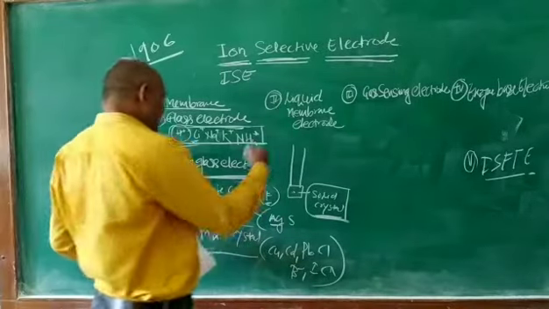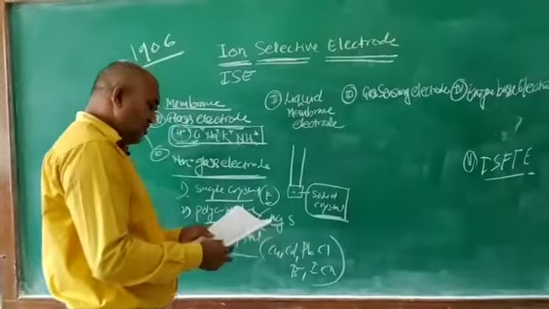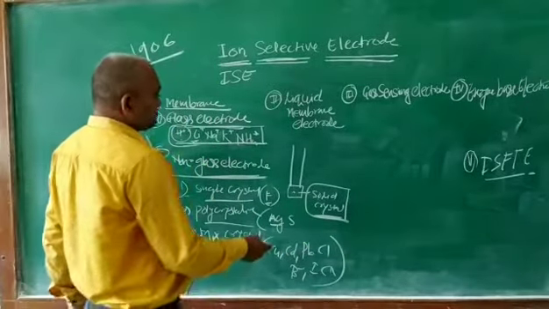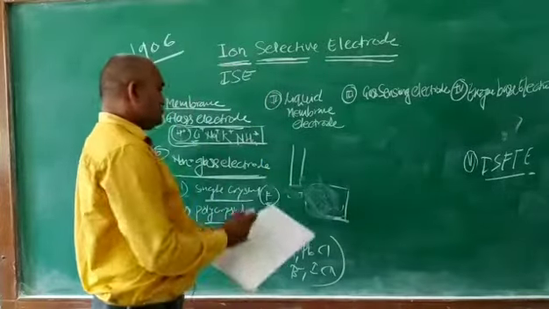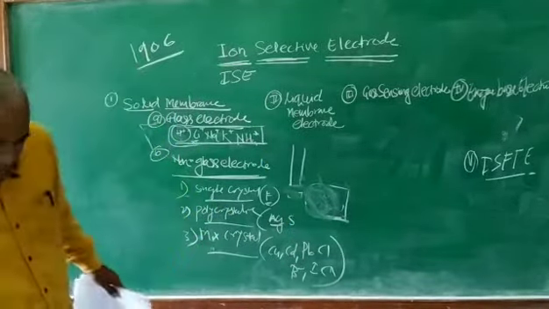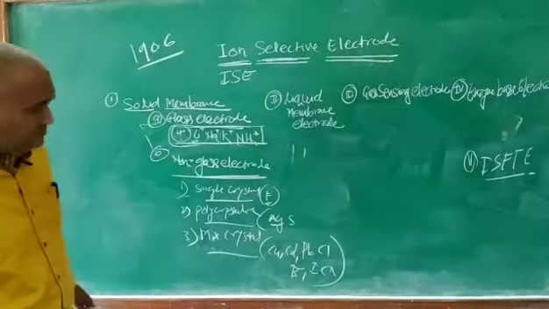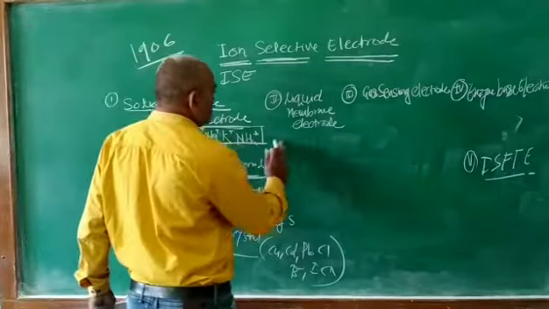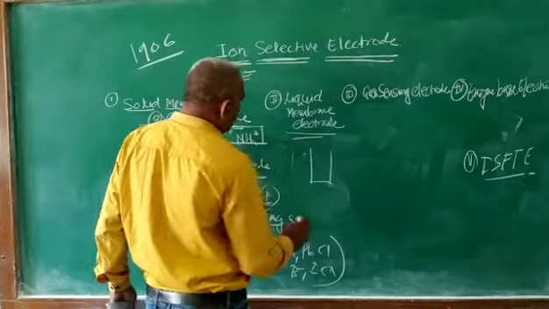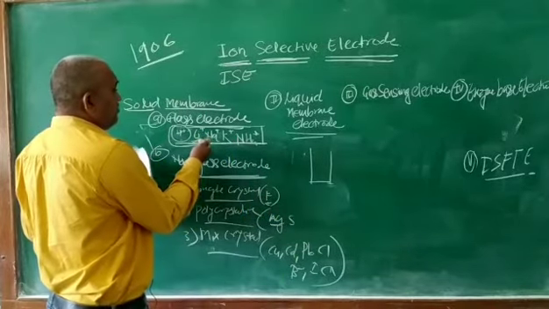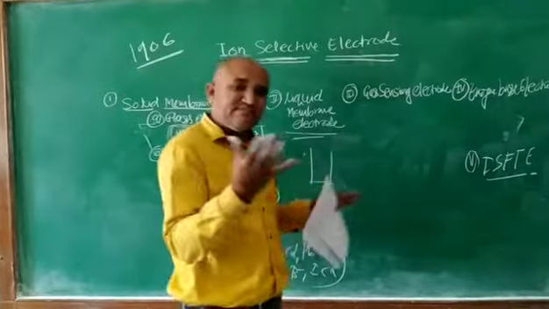Next, the liquid membrane electrode. In the liquid membrane electrode, there is the presence of liquid membranes. In the glass electrode there is a glass membrane.